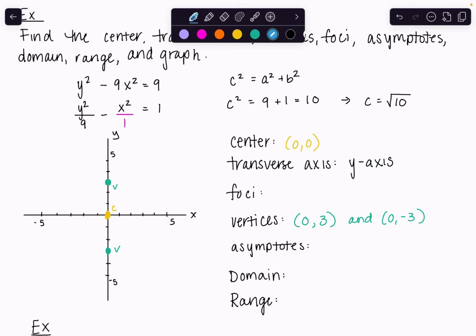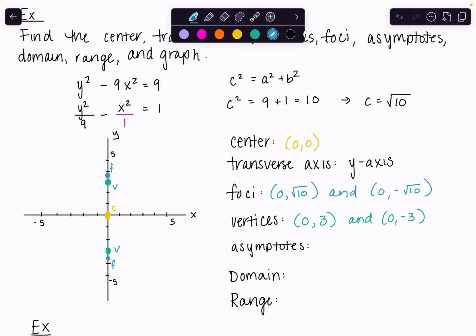So my foci, square root of 10 is like 3 point something. That foci would be somewhere right around here. And then likewise down here. So in that case, this whole distance is our value of c. So one foci will occur at 0, root 10, and the other foci occurs at 0, -root 10. Okay.